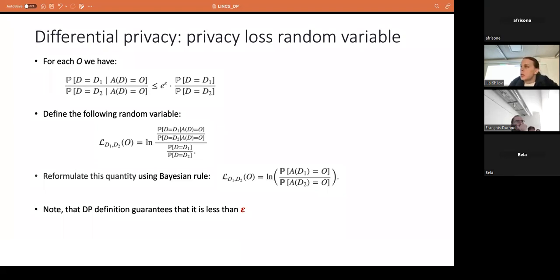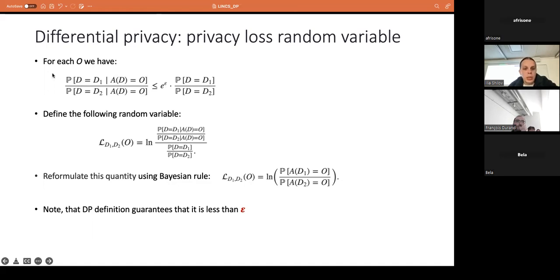We can imagine again this example of whether the target is in the database or not, but it can be different. So we want to bound this value by exponential of epsilon times the same value, but without additional information.